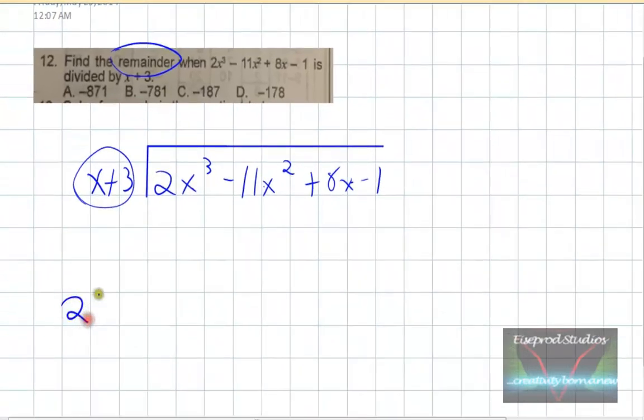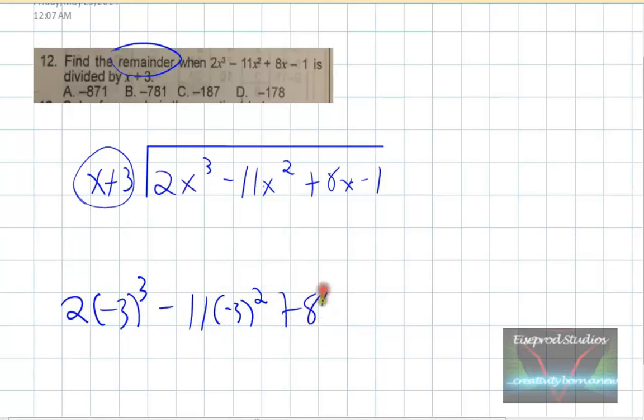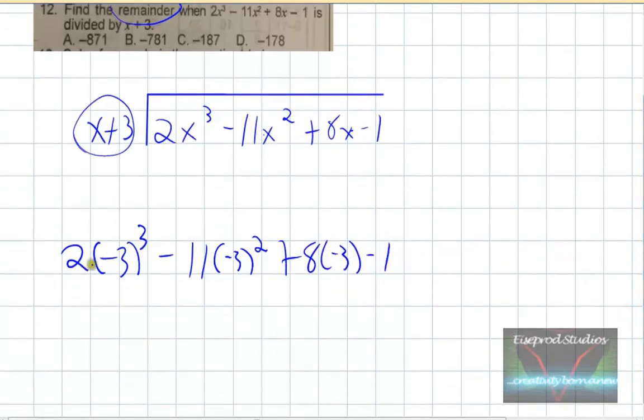So 2 times negative 3 cubed minus 11 times negative 3 squared plus 8 times negative 3 minus 1. So this will be 2 times negative 27.